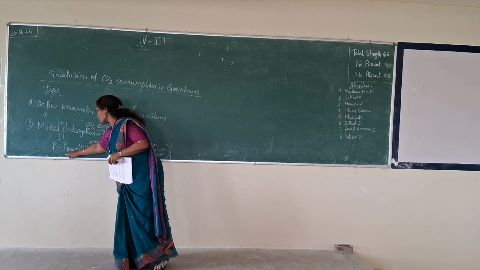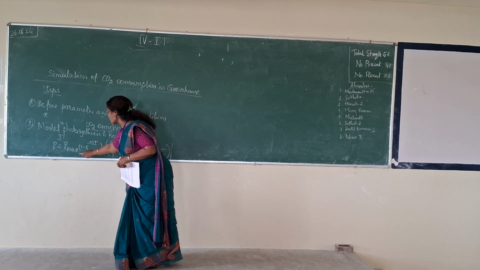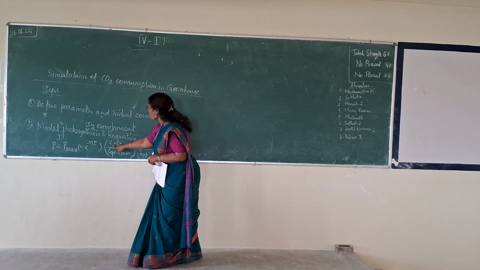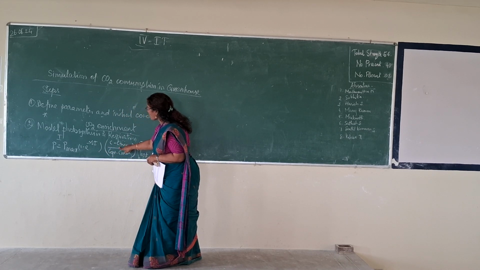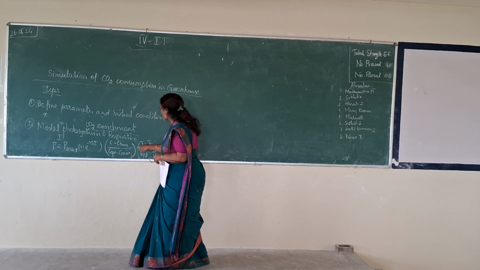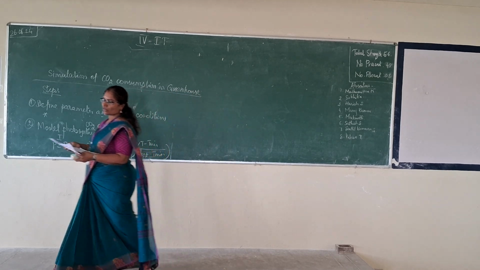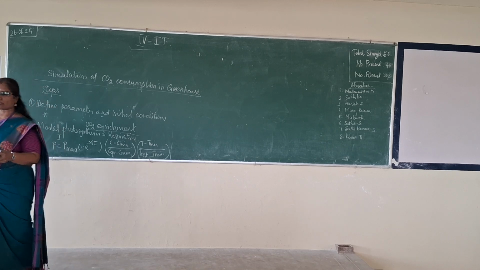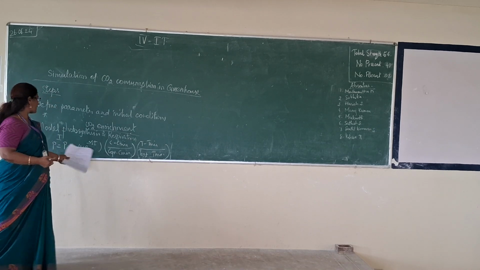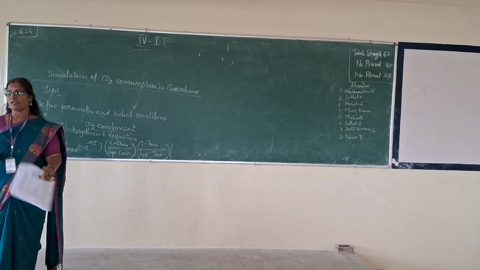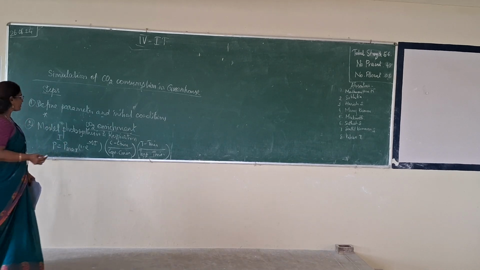Photosynthesis rate is equal to photosynthesis maximum, with C minus C min for carbon dioxide, minimum carbon dioxide, C optimal minus C min, and this part is about temperature. If you want to take down that also: P max is the maximum photosynthesis rate, alpha is the light use efficiency.